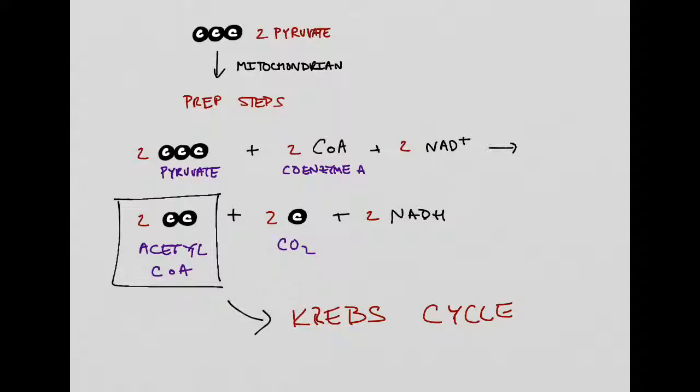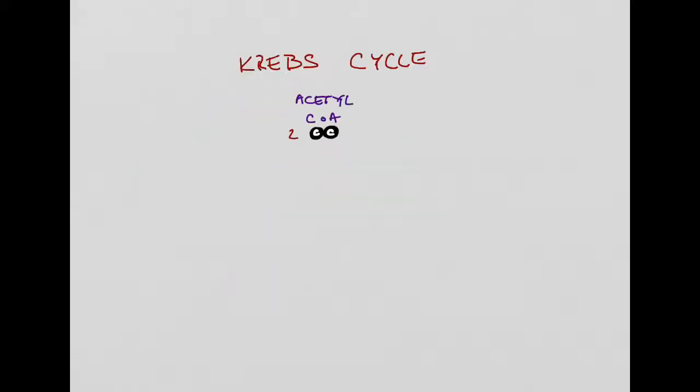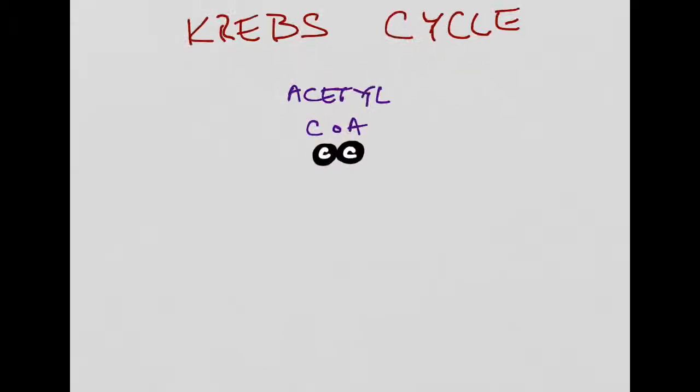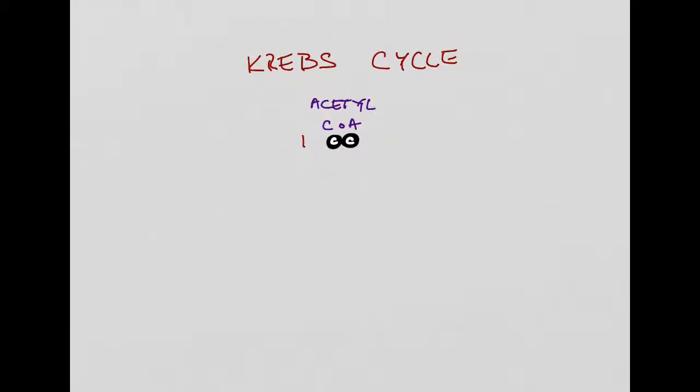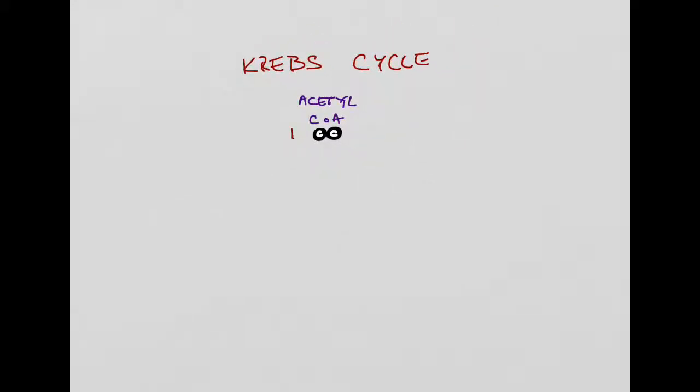Okay, now let's talk about the Krebs cycle. As you know, for every one glucose molecule, we're getting 2 acetyl-CoA coming out of the prep steps. But I'm just going to talk here about 1 acetyl-CoA going into the Krebs cycle. It's just a little easier to talk about 1 molecule going through the cycle.